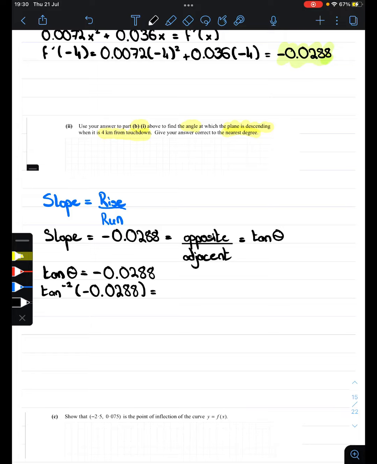Theta is minus 1.65 degrees, which means the angle of descent is 1.65, because the descent kind of negates the negative. It's kind of like multiplying a minus by a minus. So 1.65, or to the nearest degree, 2 degrees. So the angle of descent is 2 degrees.